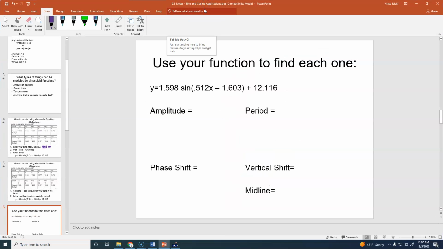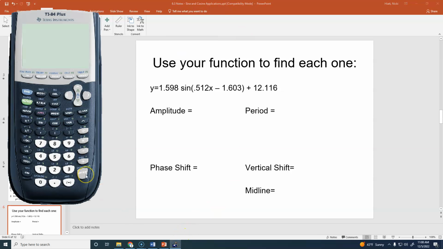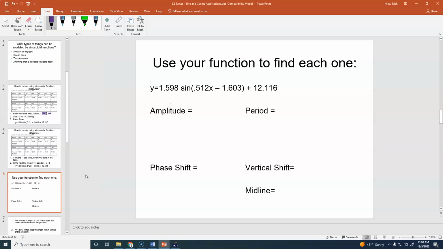Okay, so now that we have this equation, because I don't have this stored in my calculator, I'm just going to use the 3 decimal places to find these here. If I am looking for all of these pieces, then my amplitude is going to be 1.598. Right?